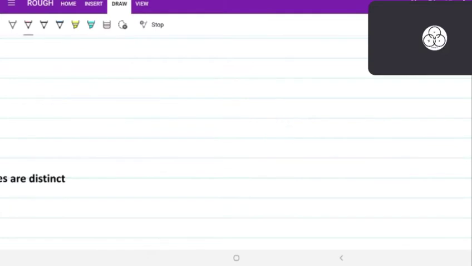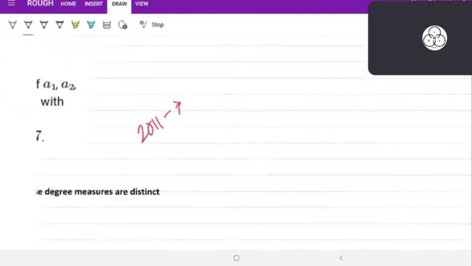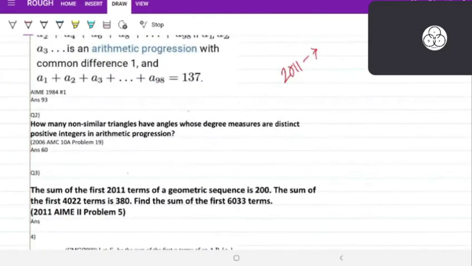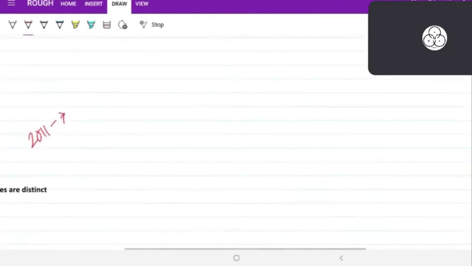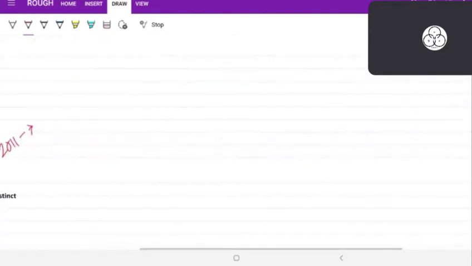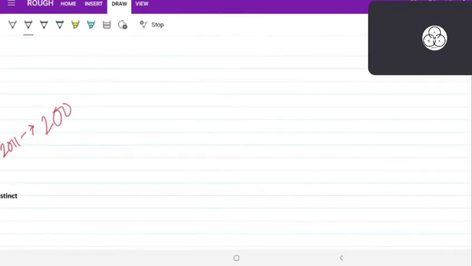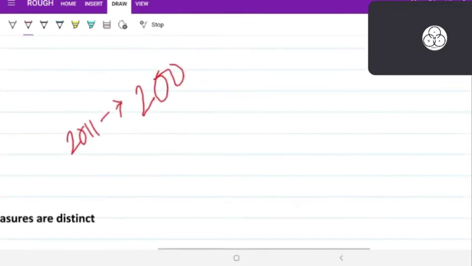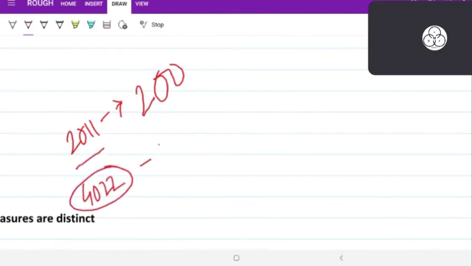The sum of the first 2011 terms is given, 200. The sum of the next 2011 terms, that is 4022 terms, is given. Just subtract the sum of the first 2011 terms from here. You'll get the sum of the next 2011 terms.